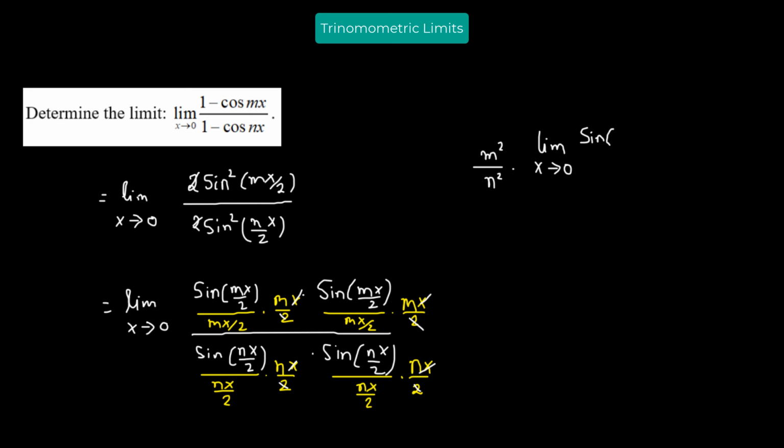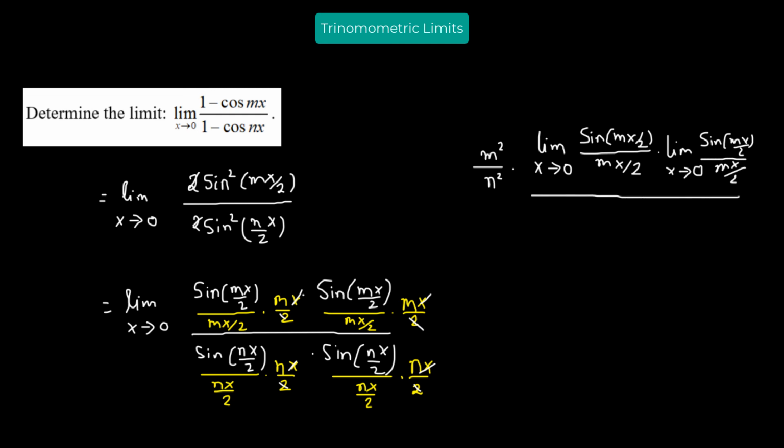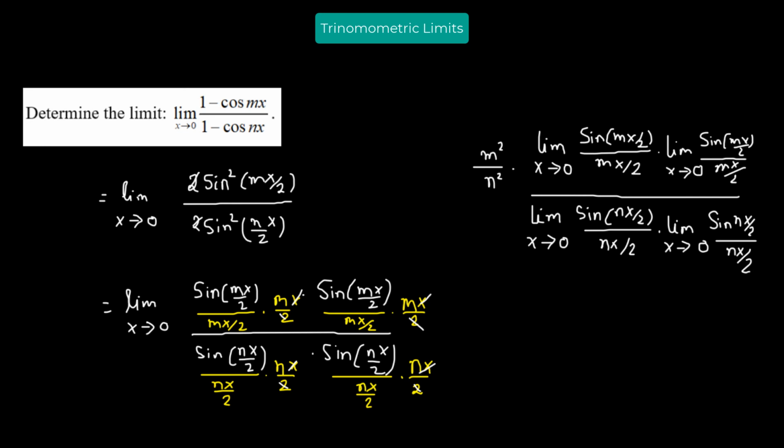So our first limit will be sine mx over 2 divided by mx over 2, times the limit x tending to 0 sine mx over 2 divided by mx over 2, whole divided by limit x tending to 0 sine of nx over 2 divided by nx over 2, times the limit x tending to 0 sine nx over 2 divided by nx over 2.